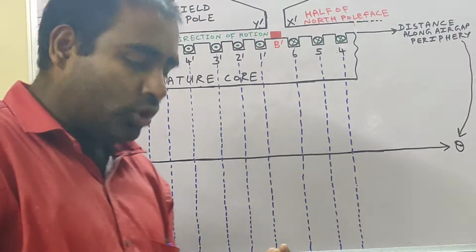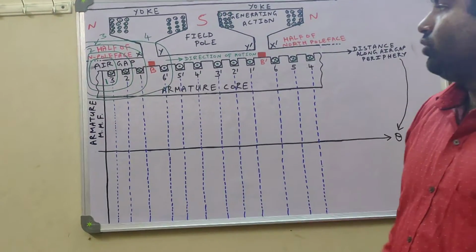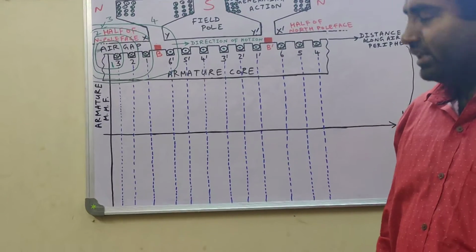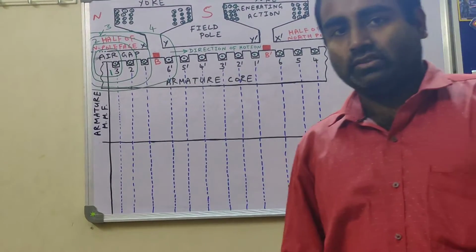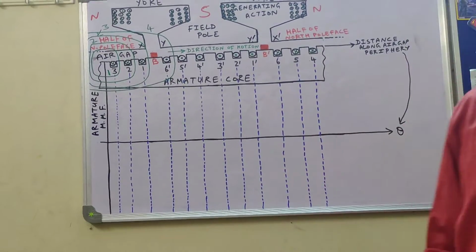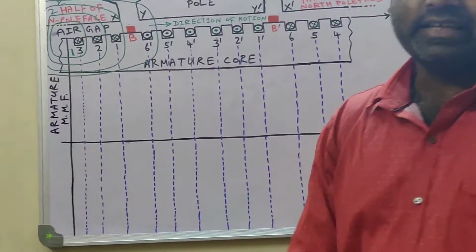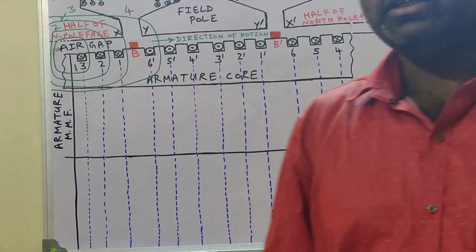Now, you will observe that slots number 3 to 1 are carrying cross current, whereas slot number 6 dash is carrying dot current. So we need to take a convention. Let's take the convention that cross current is positive and dot current is negative.